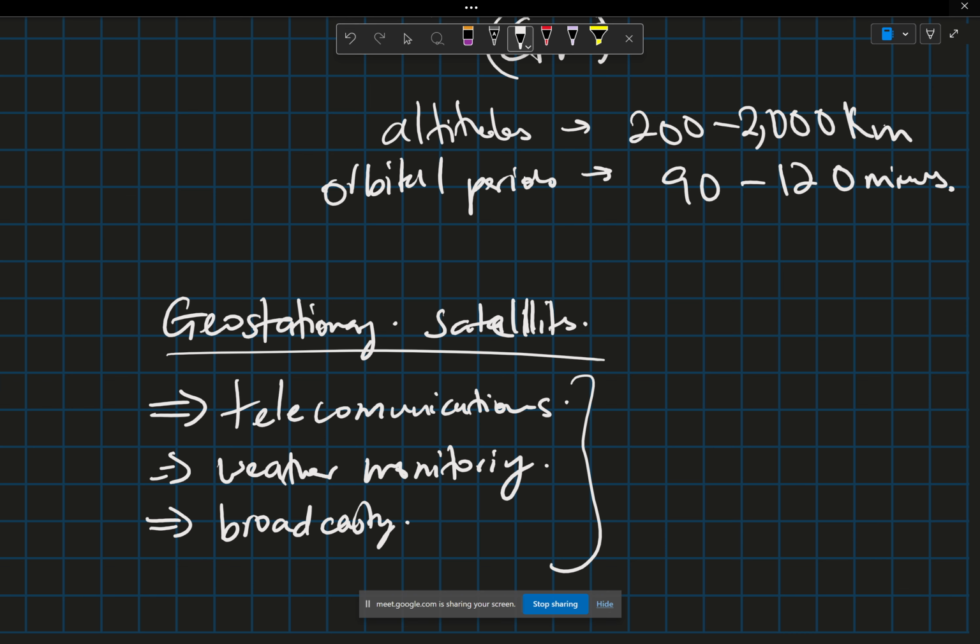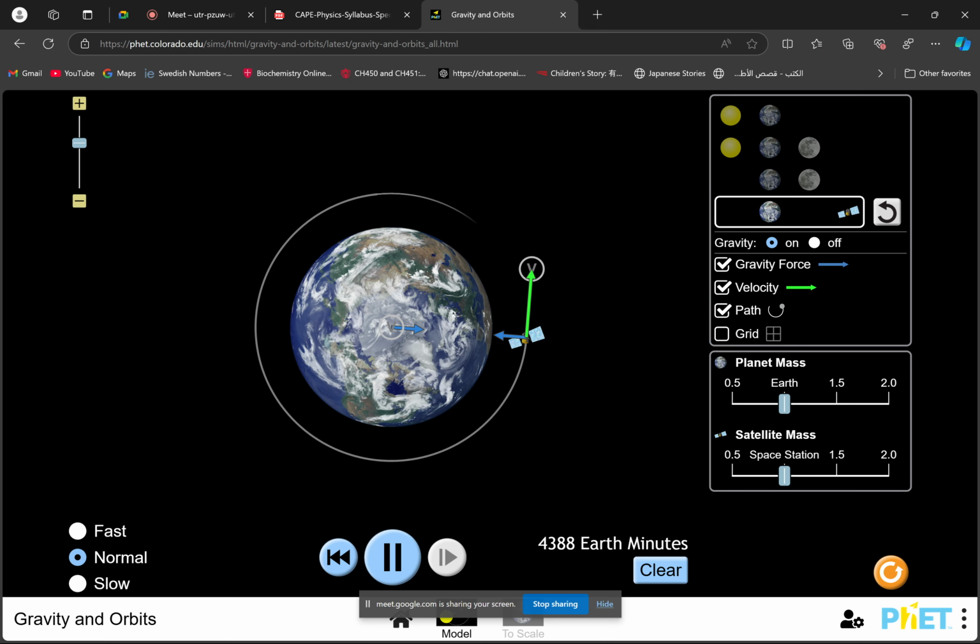So if we were to go back here now, we're just looking at this. Remember, our gravitational force is always acting on our object. The blue arrows show our gravitational force, and there's always a velocity going outward. Remember when we talked about apparent weightlessness?